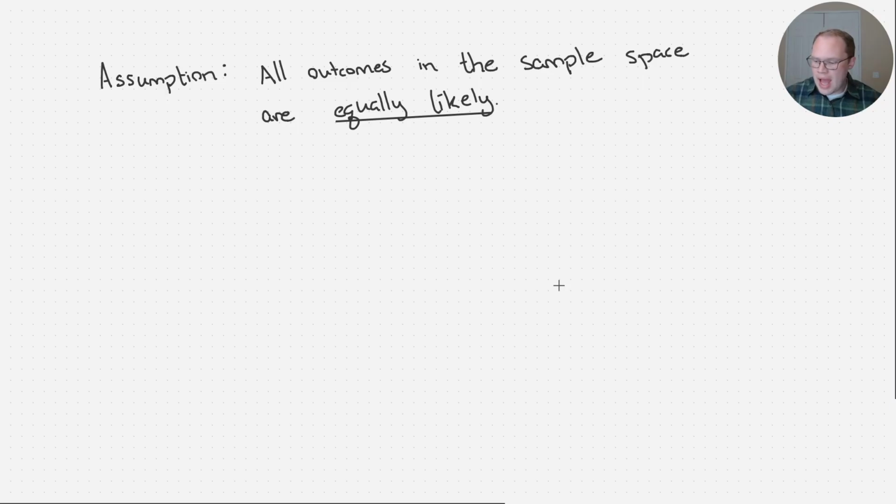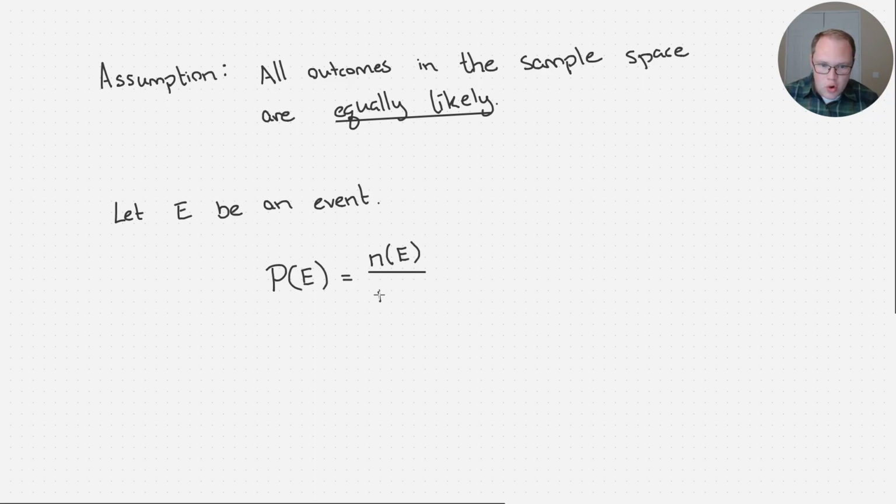Okay? So then how do we calculate the probability? Let E be an event. Then the probability that event E happens, if all the outcomes are equally likely, is equal to the number of outcomes in event E divided by the total number of outcomes in the sample space.